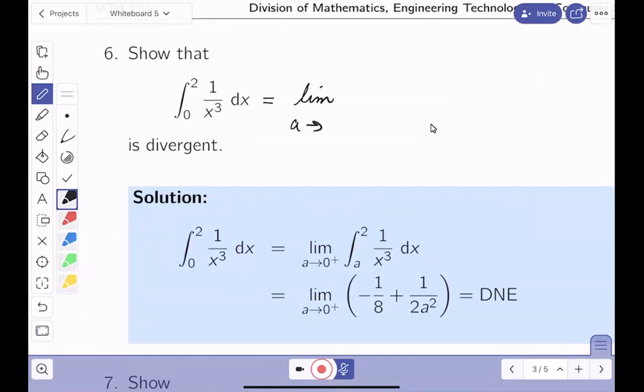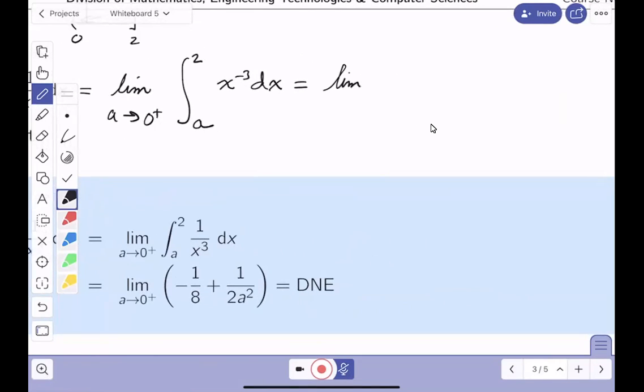We're approaching 0. I want to point out we're on the interval from 0 up to 2. It's not defined at 0. So what side? The right side, right? And there's going to be an integration from a to 2 of x to the minus 3 dx. Let's see if we can do that.